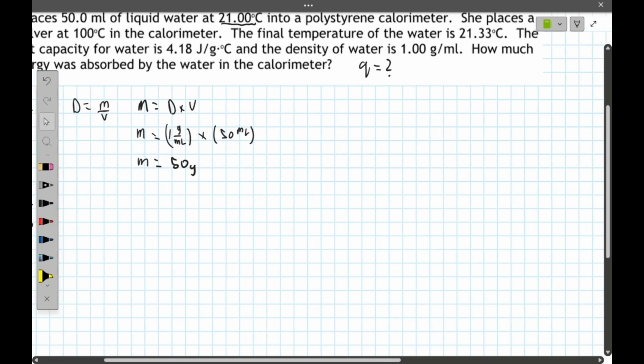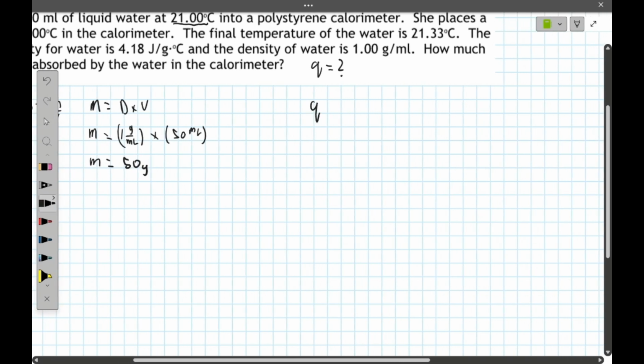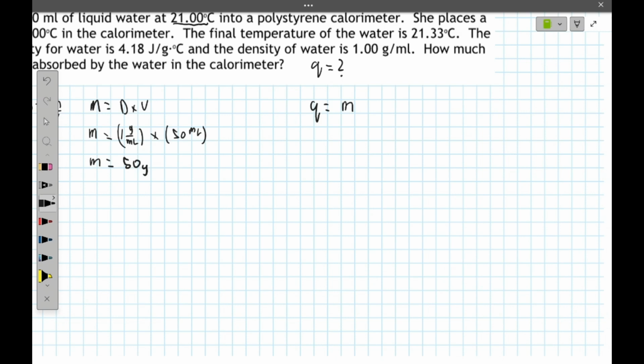So let's go to our equation now. Q is equal to mass times the specific heat capacity times the change in temperature. So it's already arranged to solve for Q, so all we have to do is sub in our values.